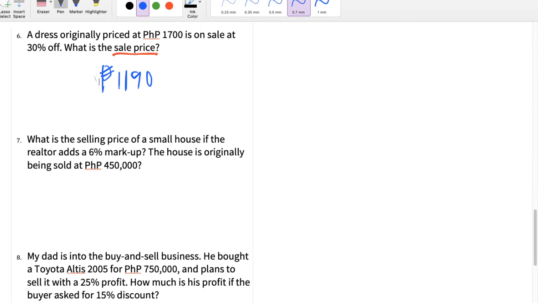How about number 7? What is the selling price of a house if the realtor adds 6% markup? The house is originally being sold at 450,000. So, kung kanina nagbawas tayo, ngayon naman, i-add natin yung markup value. Okay? So, to get yung markup, multiply lang natin yung rate times original cost or original price.